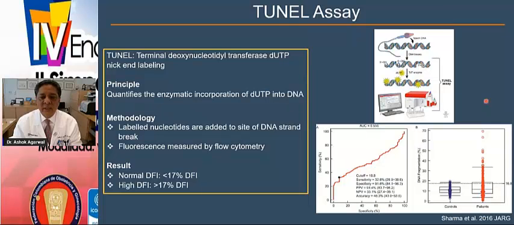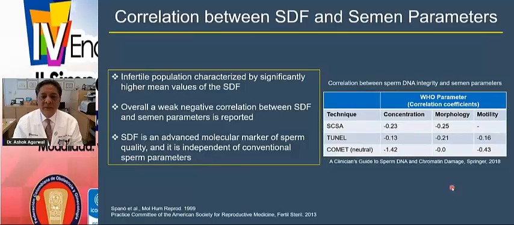And as you can see, these are the normal levels of DNA, as you can see in the control population, and we have been able to develop the cutoff value of 16.8 by using two different populations, a fertile control and a patient population. So each center has to develop its own cutoff value based on the population of normal subjects and the patients that they have.